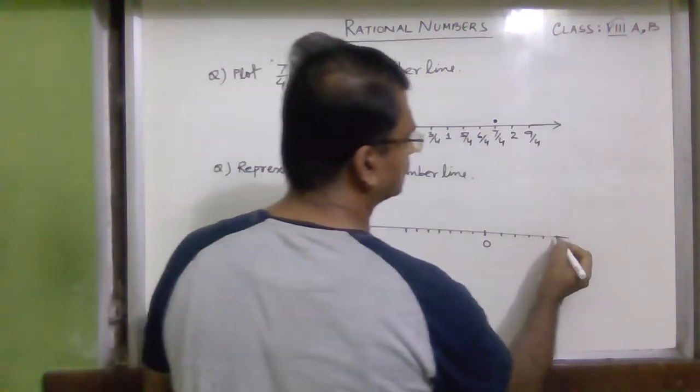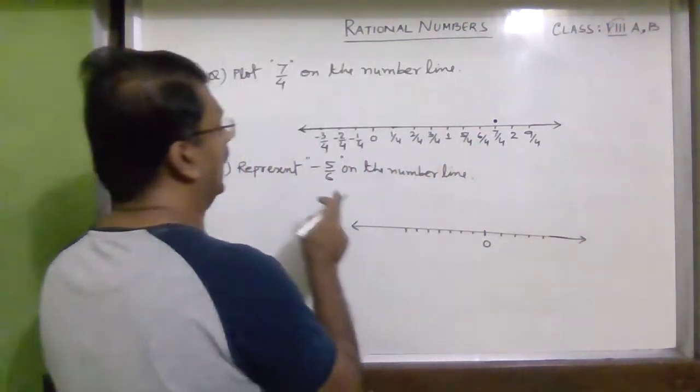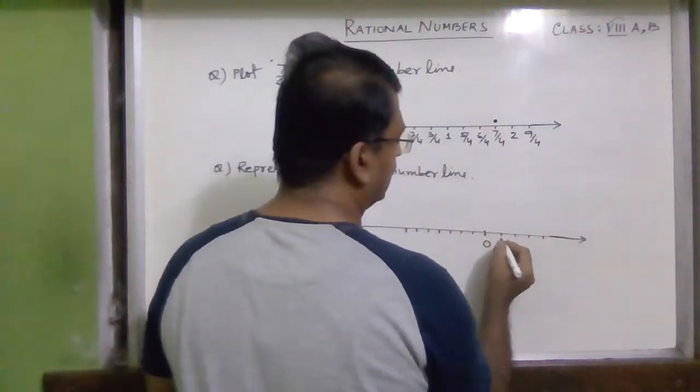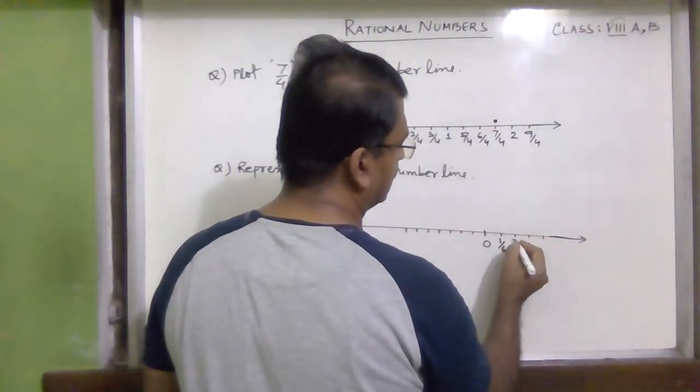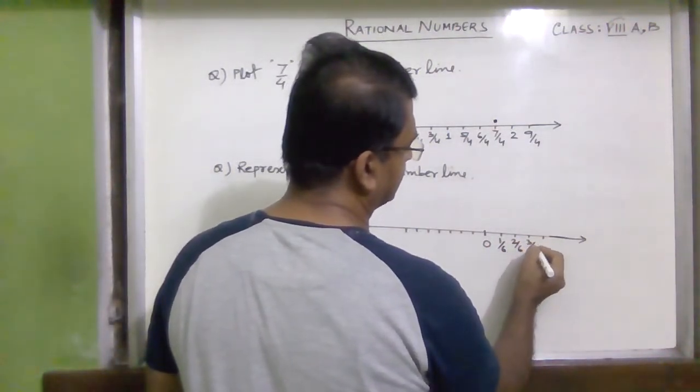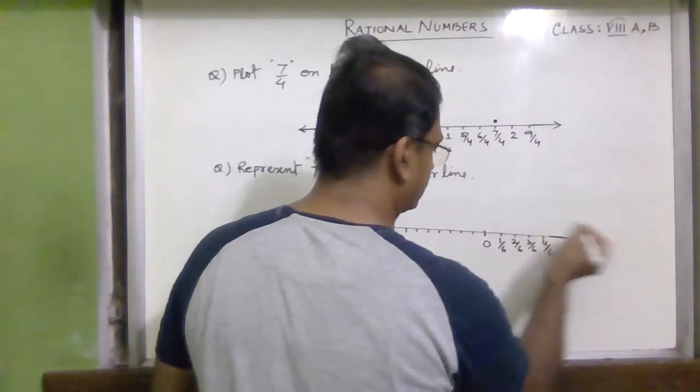Like this. And now, as there is a 6 in the denominator, so this is 1 by 6, 2 by 6, 3 by 6, 4 by 6, and so on.